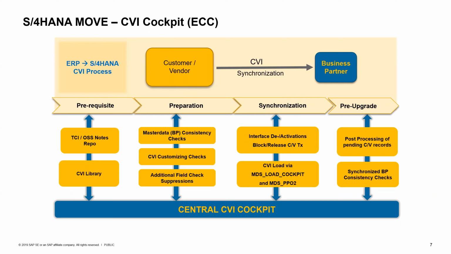What can happen during this time is, although the synchronization master data specialist has said that the synchronization is complete, we can't really restrict customer and vendor creation in the system in the meantime. Let's assume we are talking about a timeline of August to October when we are running the business partner synchronization. In this timeline, we ensure that the MDS load cockpit runs and converts all the then existing customers and vendors to BP.